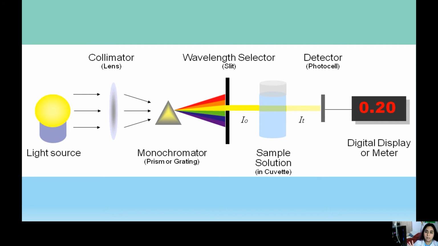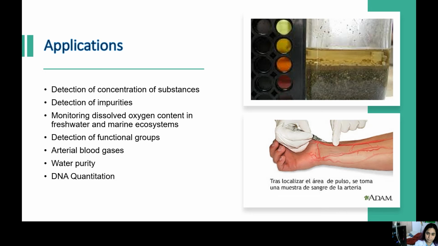And now I'm going to talk more about the applications this method is useful for. One of the applications is to detect the concentration of any chemical. We can detect impurities in some solution. We can quantify certain proteins in some compounds.